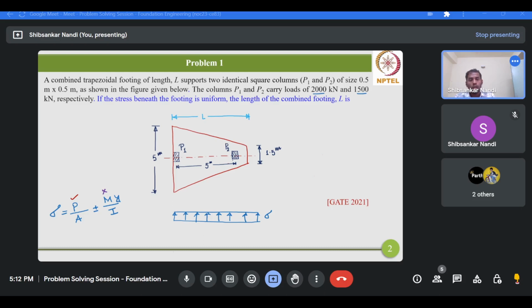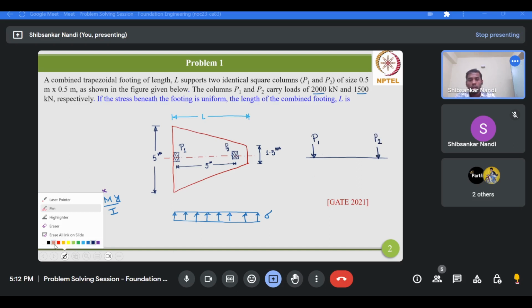So in this problem, we have to determine the location of the resultant of these two loads P1 and P2. How can we determine it? If we draw a line diagram, this is your P1 and this is your P2.